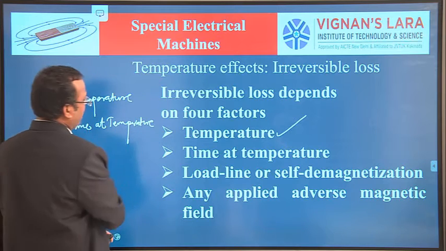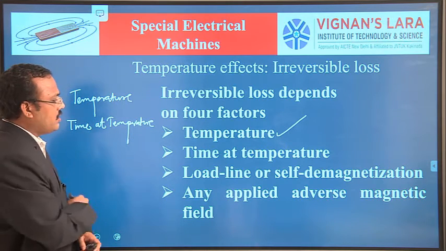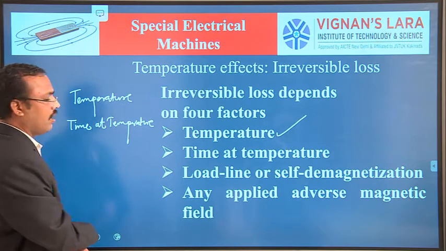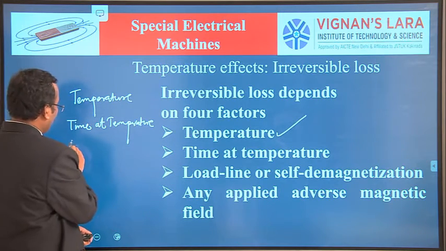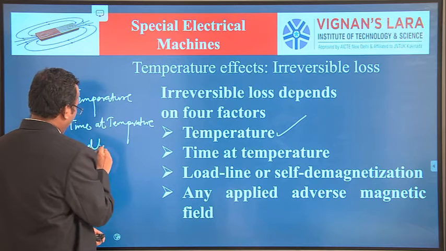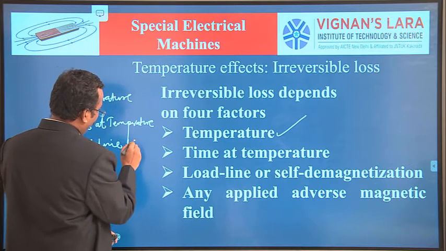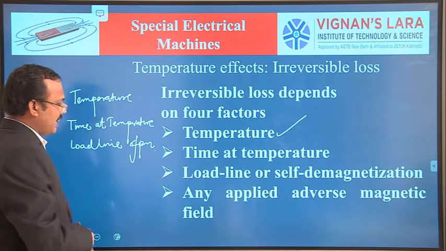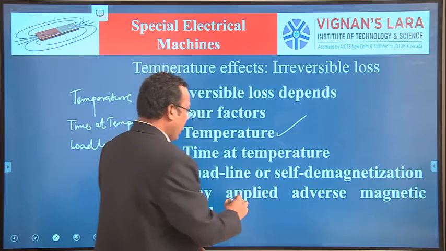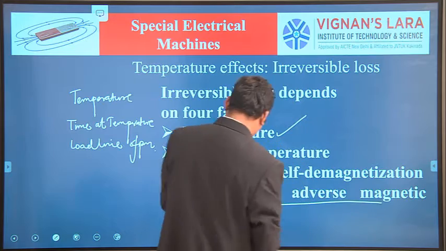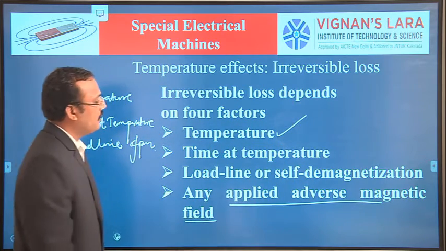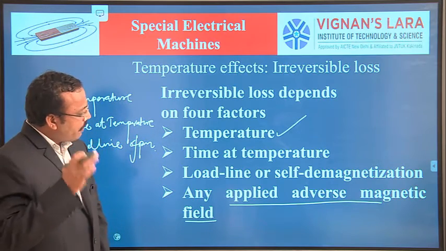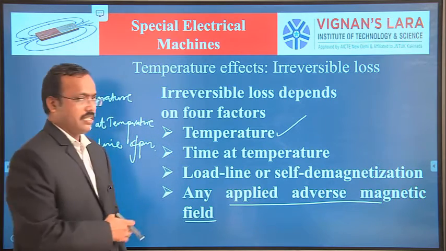Third one is self-demagnetization, or the load line of the permanent magnet material. The next one is any applied adverse magnetic field. So irreversible losses depend on these four parameters.